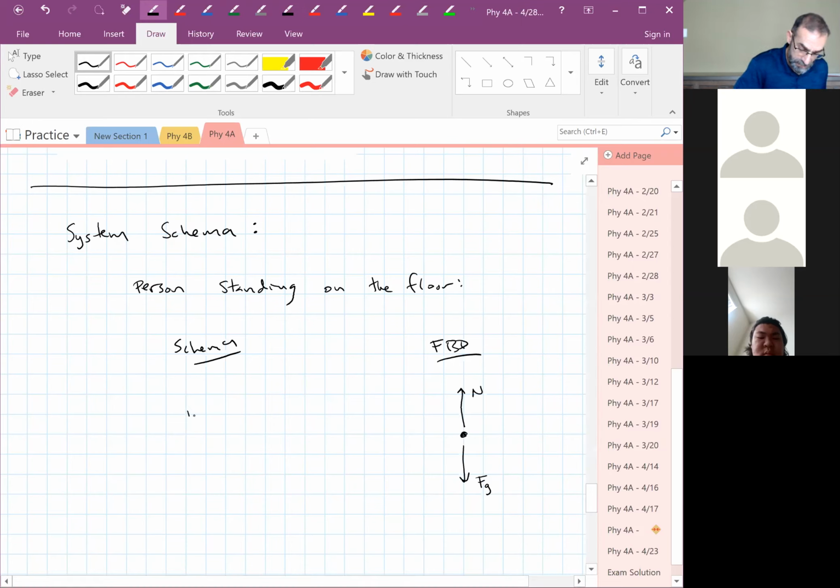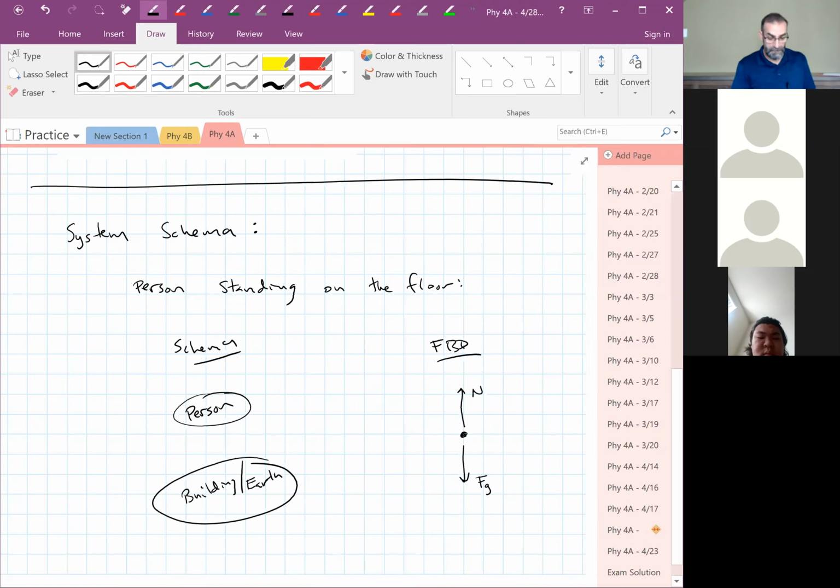So we've got our person, and we've got the building, earth, whatever we want to call it. I'll combine those together. They're stuck together, the building is attached to the earth. So what is our interaction that's taking place here?